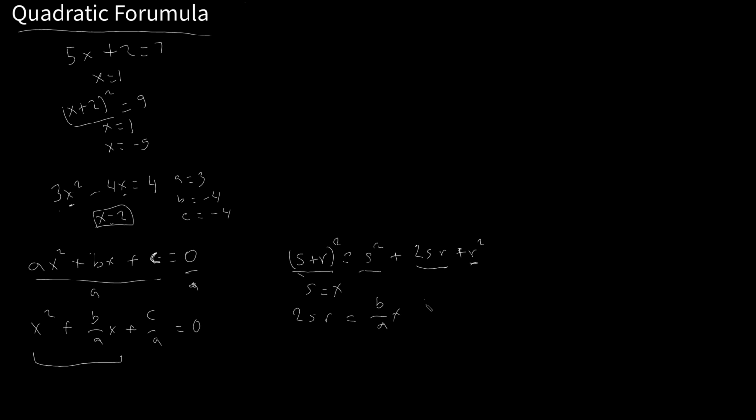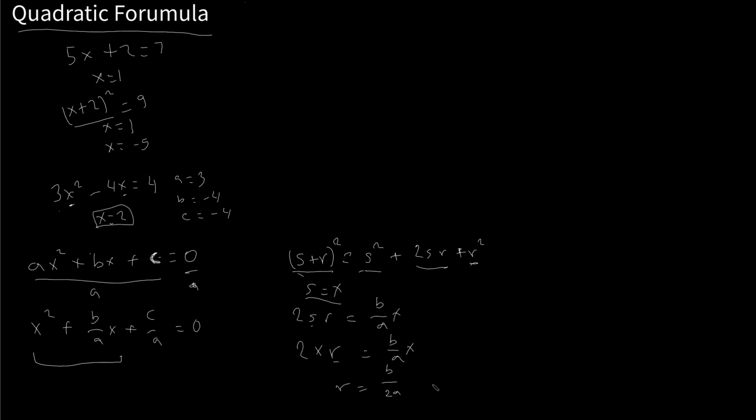First, let's find r. We let s equal x, so this will be 2 times x times r is equal to b over a times x. Then r is equal to b over 2a, because x gets cancelled and you divide by the 2 here. So that would be r.